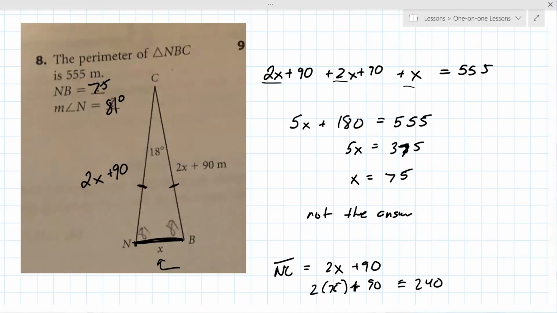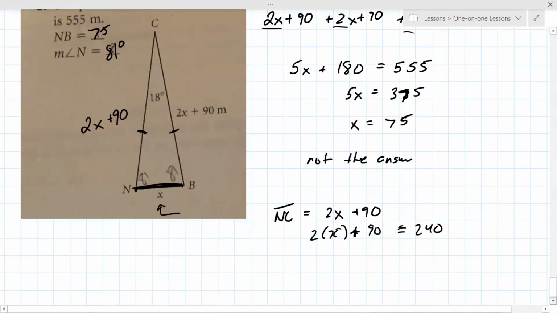Okay, let's move to number 10. You're at sort of a disadvantage because this has already been done. So you'd really want to do this.